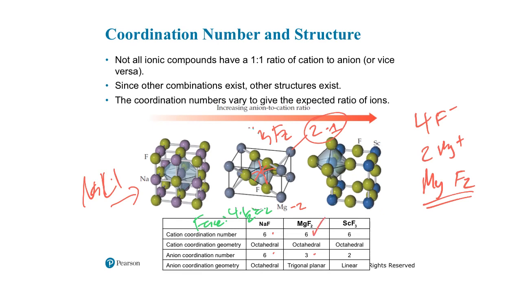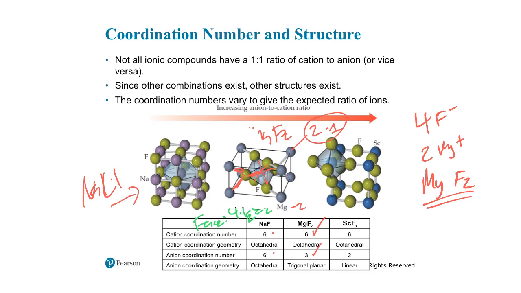So magnesium's coordination number is 6. And then if we take a look at one of the F minuses, we have 1, 2 atoms it's in direct contact with, and then 3 for the one in the center of the box. So only a coordination number of 3.